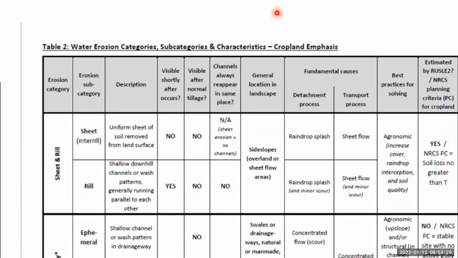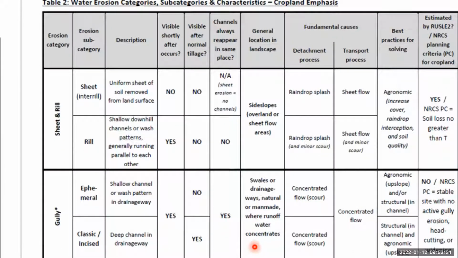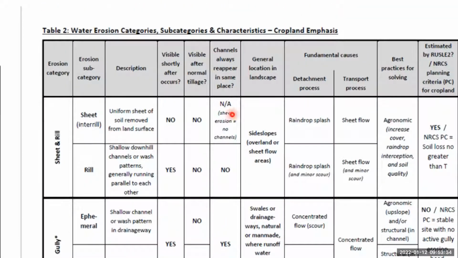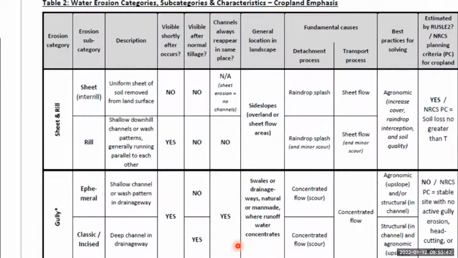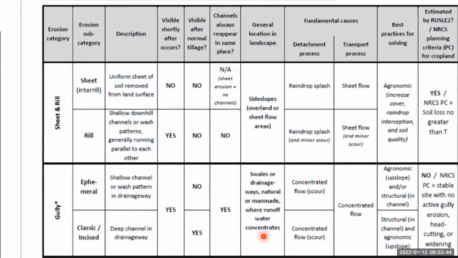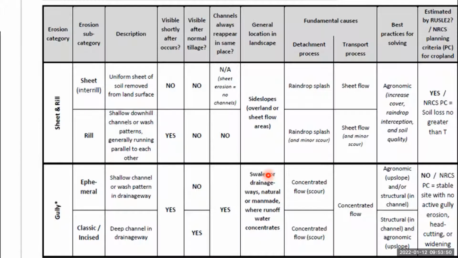So if we look at, I apologize here for moving this around on you, but the general location in the landscape, sheet and rill erosion occurs on side slopes, right? Whereas swales or drainage ways, natural or man-made, are where runoff water concentrates. When we have water concentrating in the landscape and it has the energy to start scouring or carving, that's where gullies happen, okay?